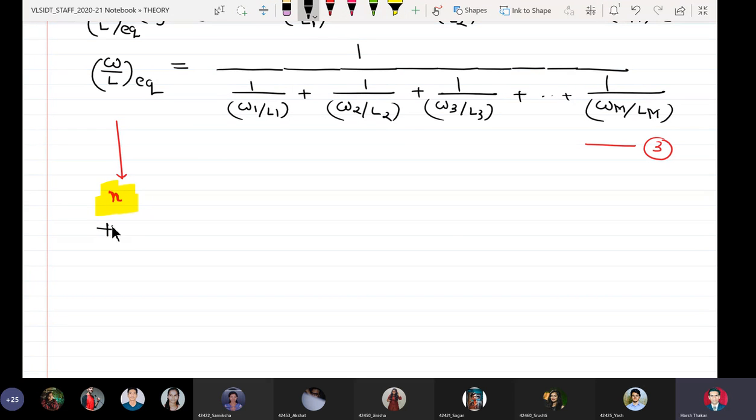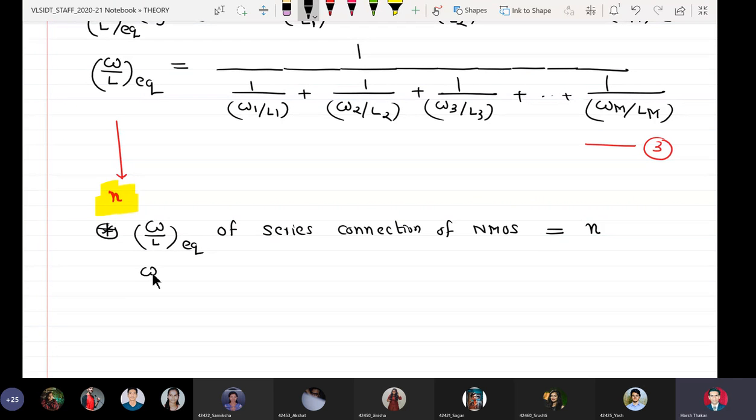So I say that the W by L equivalent of the series connection of NMOS should be equal to n.